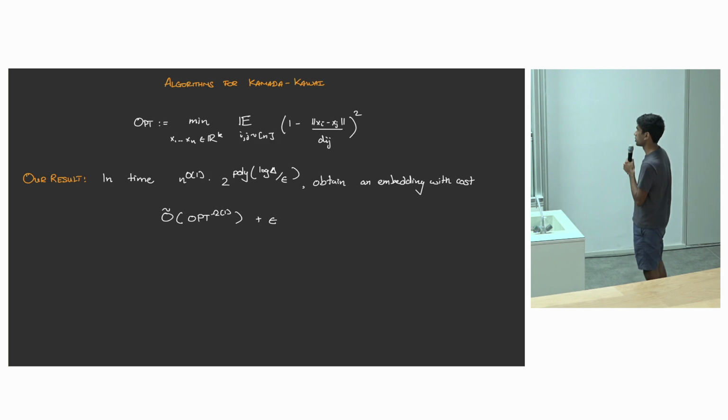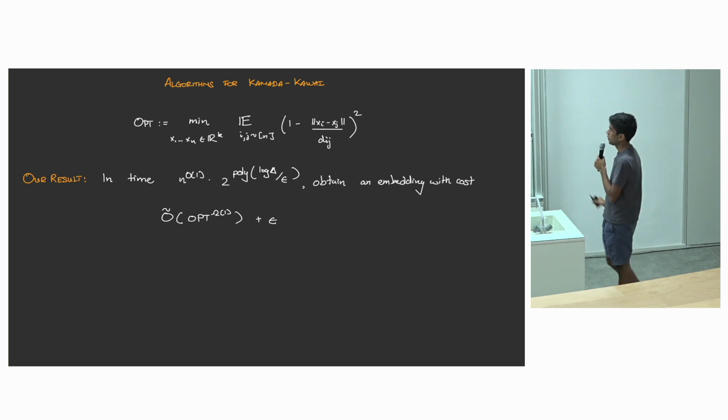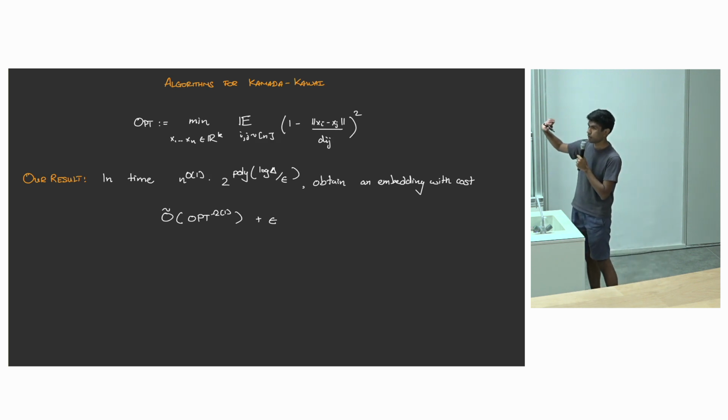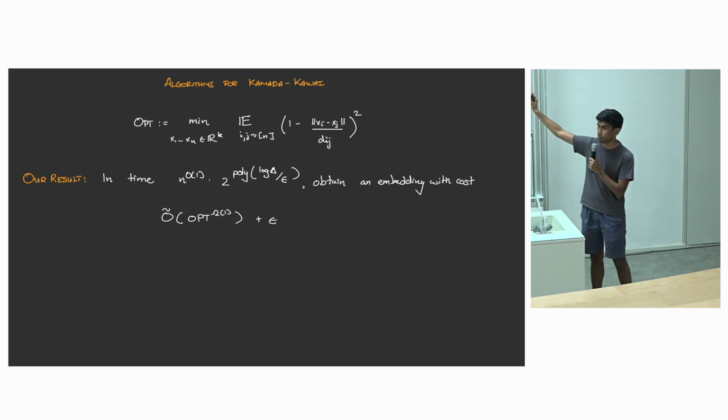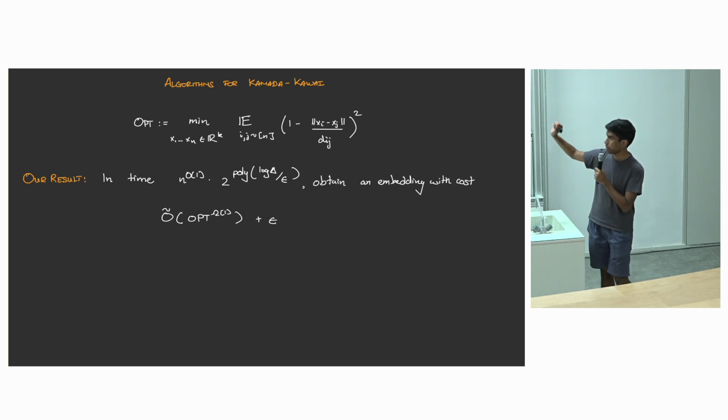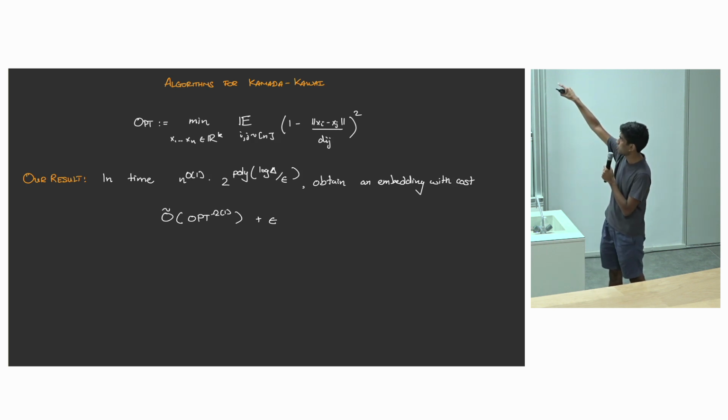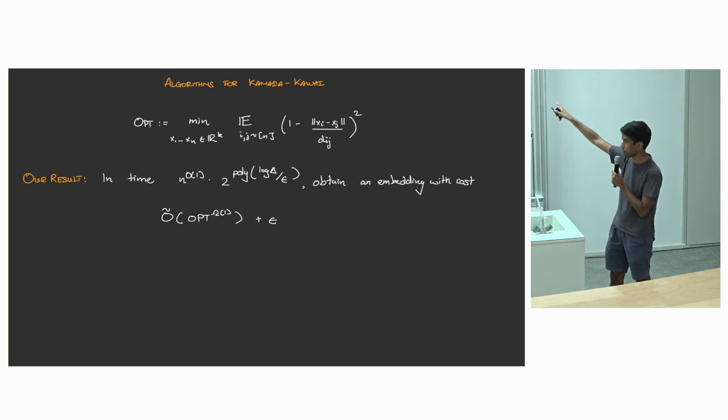What the authors show is that you can get objective value opt to the order 1 plus epsilon. But the upshot is that the running time of this algorithm, instead of being 2 to the poly delta over epsilon, is 2 to the poly log delta over epsilon.